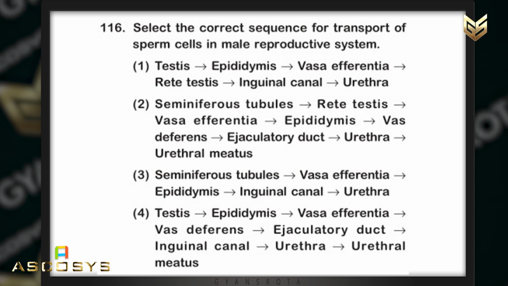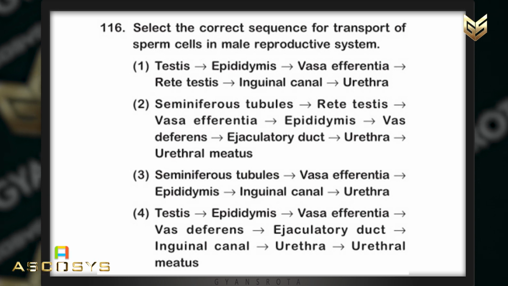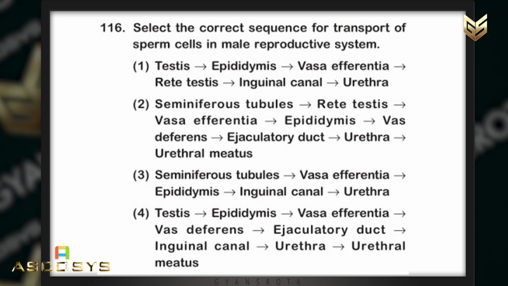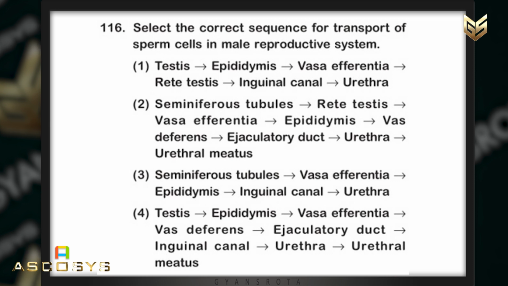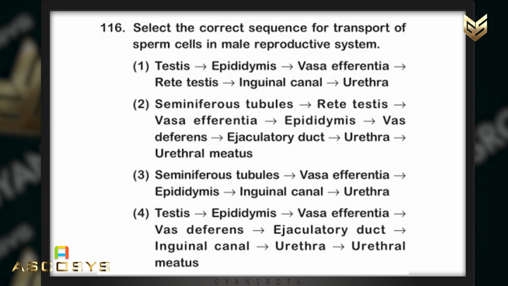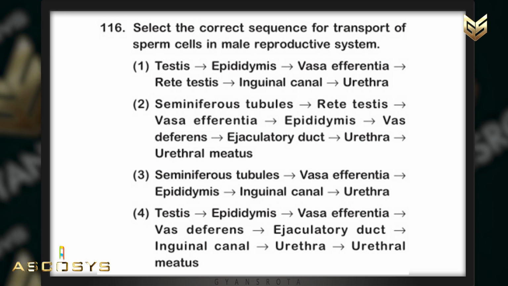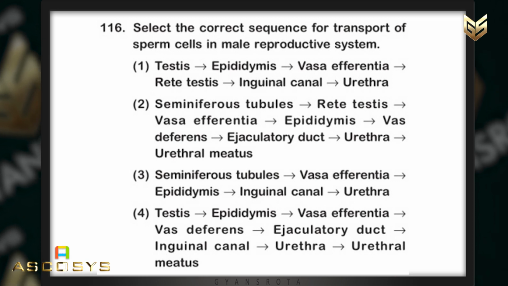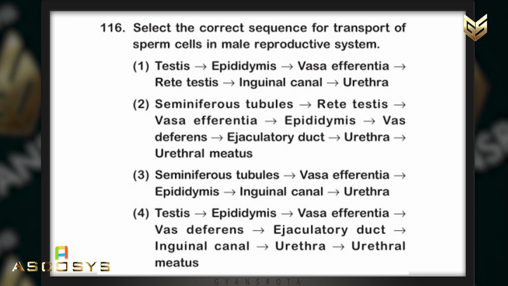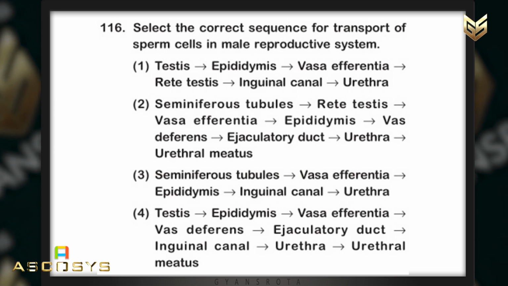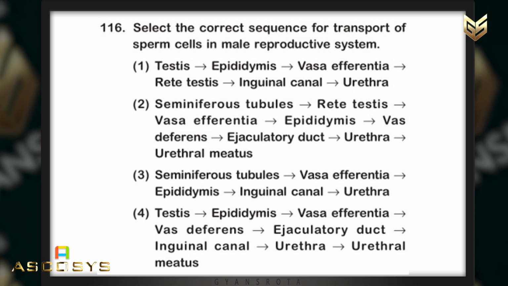So the first option is testis, then epididymis, then vasa efferentia, then rete testis, then inguinal canal and urethra, whereas the second option is the seminiferous tubules, after that the rete testis, then vasa efferentia, epididymis, vas deferens, ejaculatory duct, urethra, then urethral meatus.